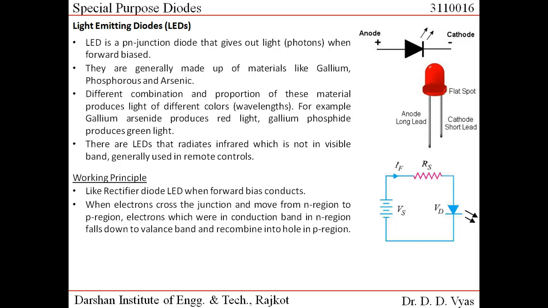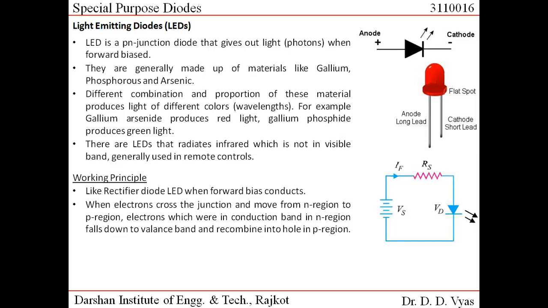The conduction band is at a higher energy level, and the valence band represents a lower energy level. So electrons move from a higher energy level to a lower energy level, and in this process, they radiate energy out.